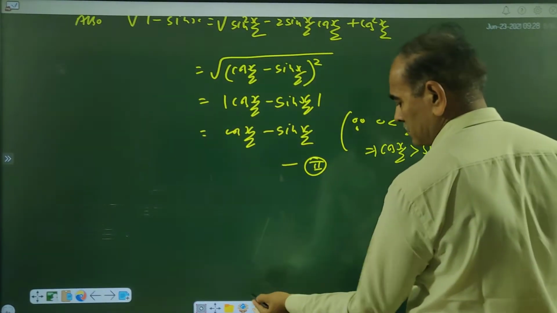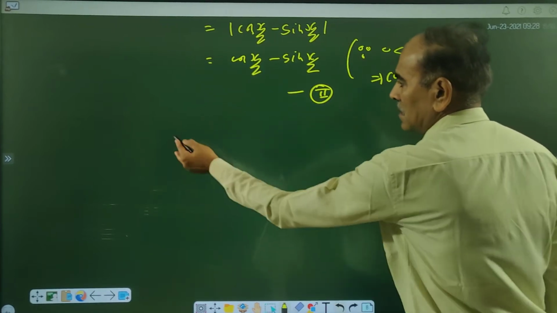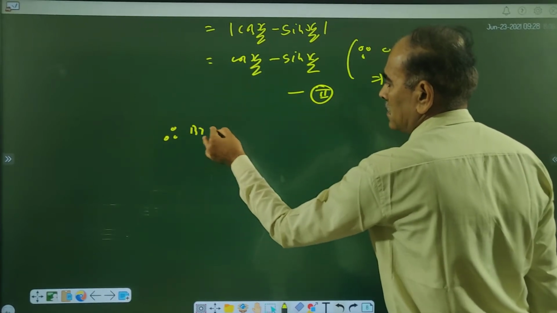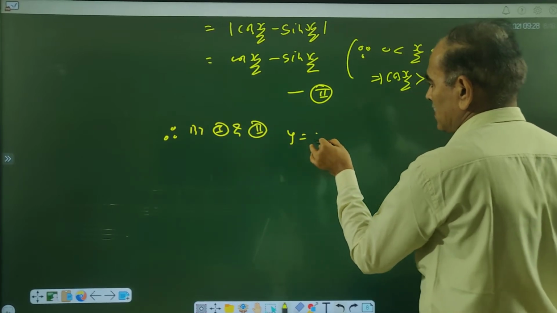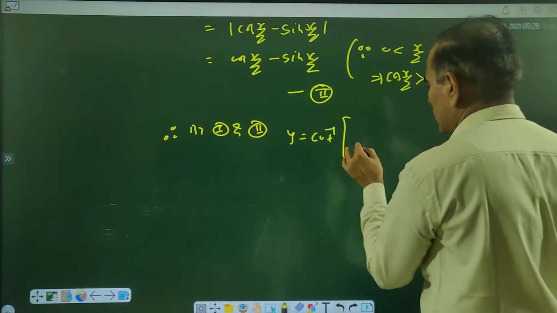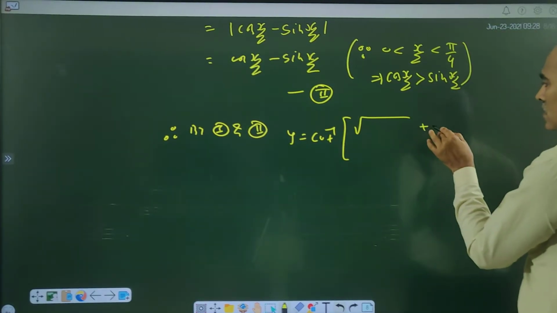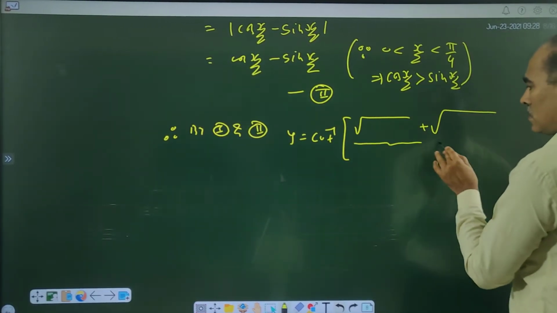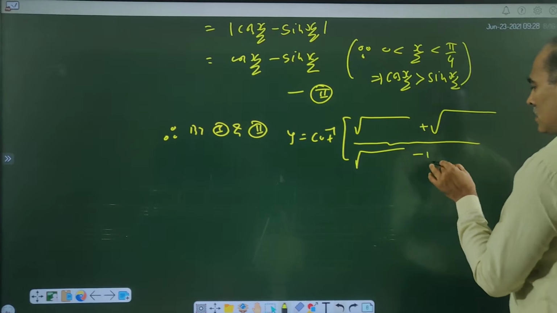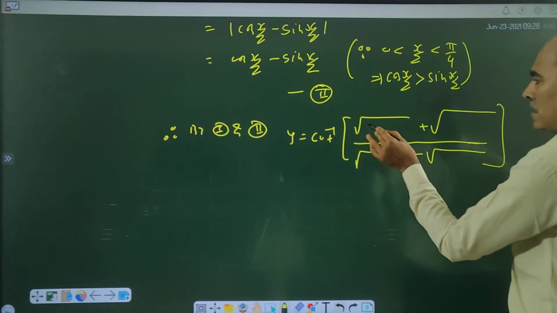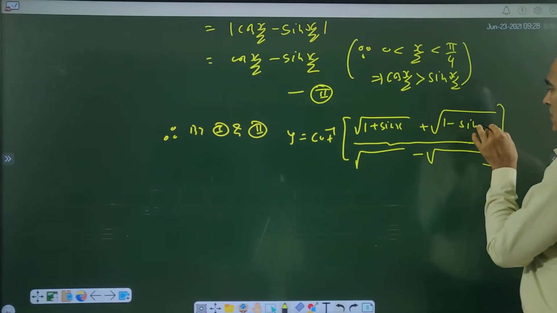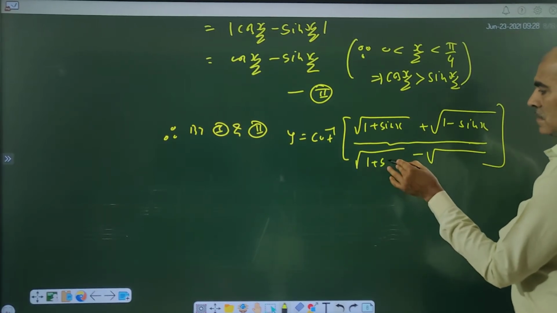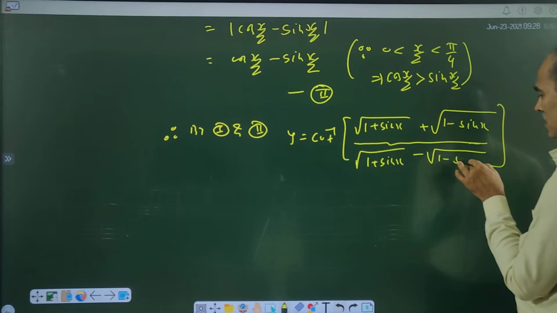And therefore, y is equal to cot inverse of under root 1 plus sin x, plus under root 1 minus sin x, over under root 1 plus sin x, minus under root 1 minus sin x.